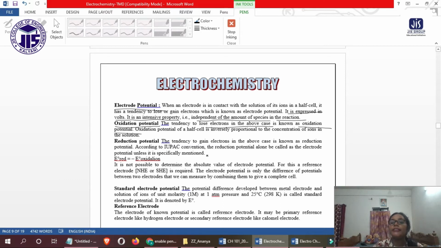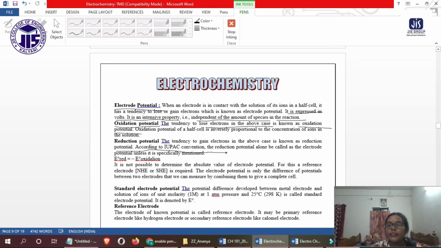Reduction potential is the tendency to gain electrons, electron acceptance, that is the reduction. Okay, so that is called the reduction potential. The substance which has a tendency to gain electrons very easily has the higher reduction potential.